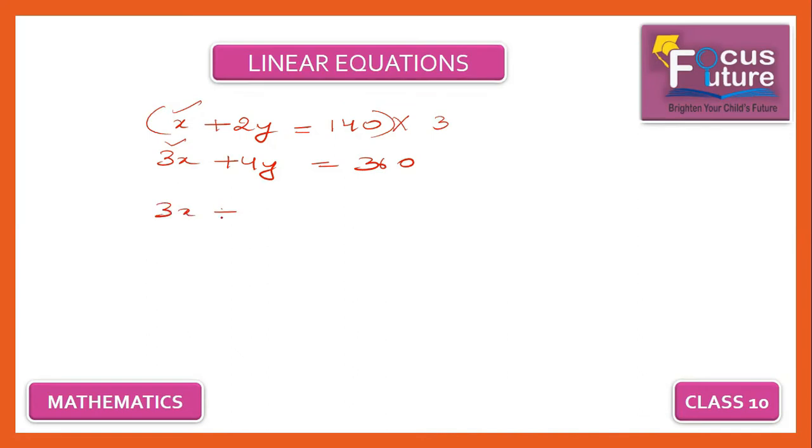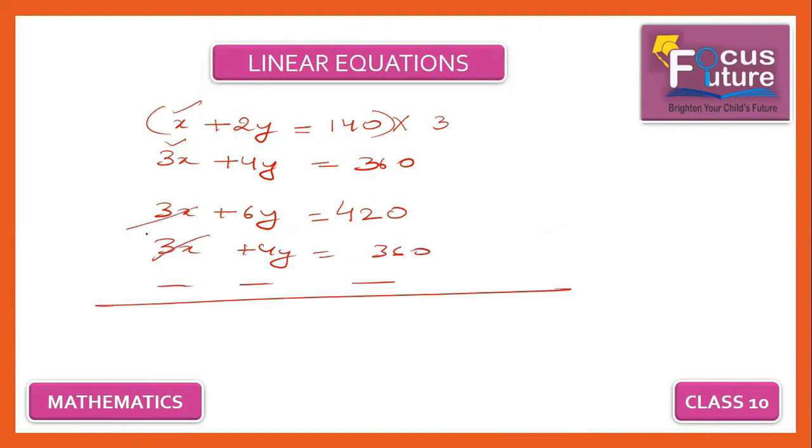So 3x plus 6y is equal to how much? 14 3s are 420. 3x plus 4y is equal to 360. Same sign, subtract, change the sign. So this would be 2y is equal to 60.